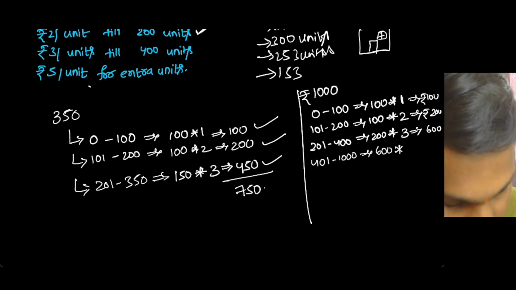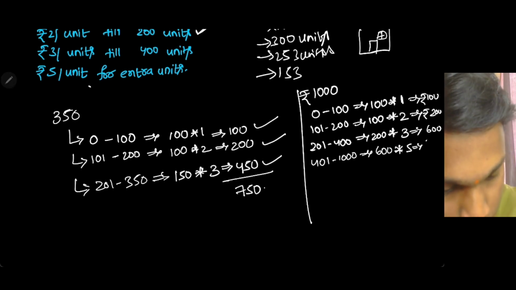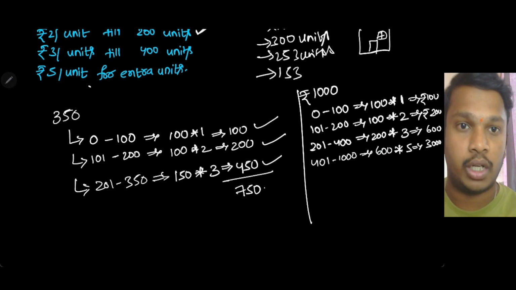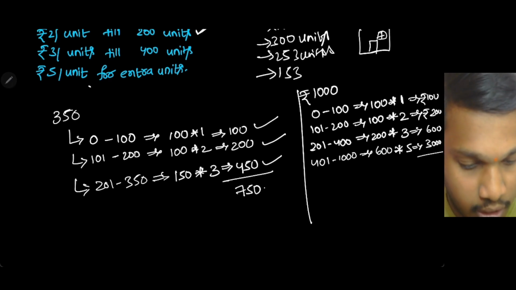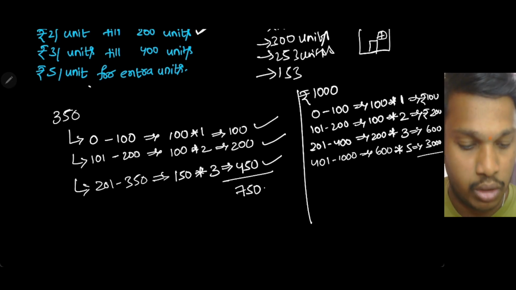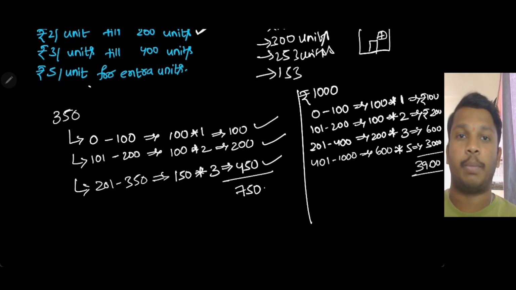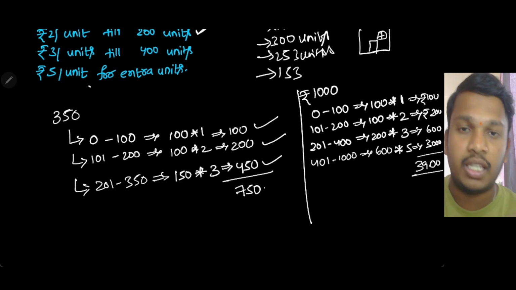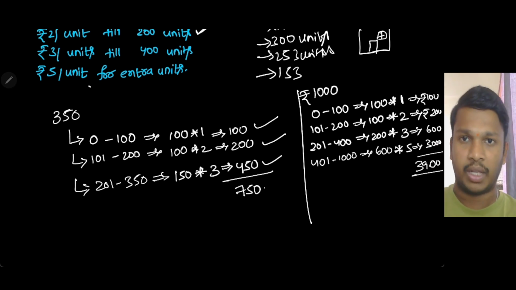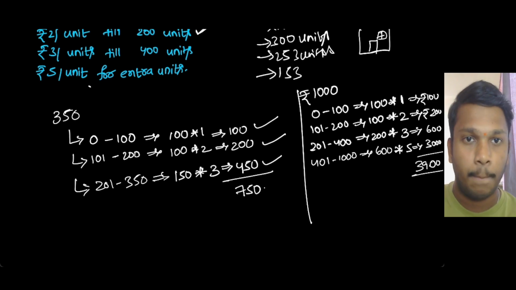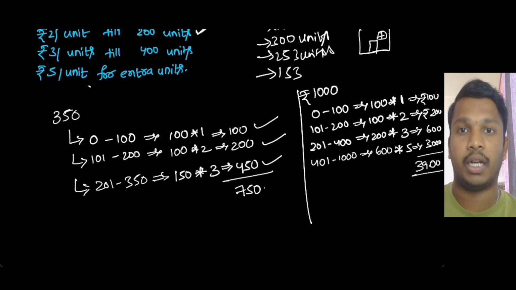How much will he pay? Into 5 rupees, so for this he will pay 3000. 3000 plus 600, 3600, plus 200, 3800, plus 100, 3900. This is the bill. Like this we will calculate the bill. I hope you understand how we are calculating the bill.